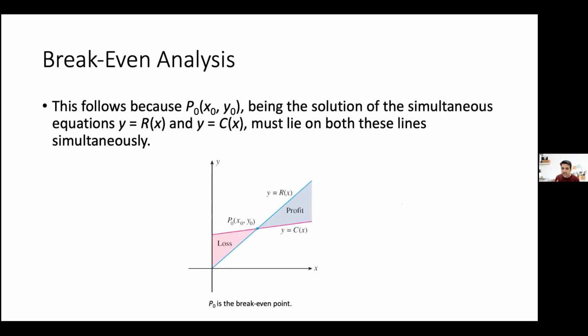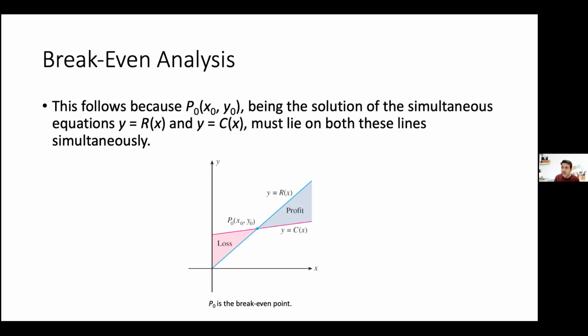So if you put everything on a graph like what you see in here, this pink line is the cost function, and the blue line would be the revenue function. By function, I mean these are a function of X, right? So if you change the X, they're going to change.